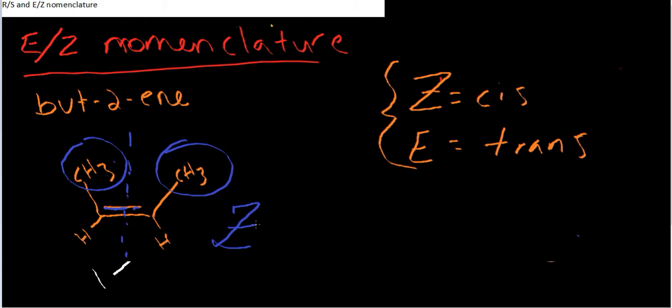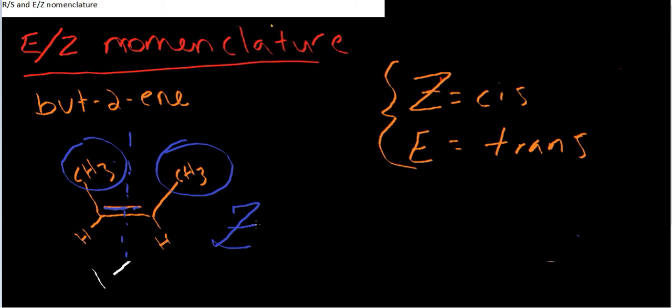So try to think of it based off of symmetry and what side the highest priority groups are on. The next thing we'll consider is butene again, but on the E side, the trans side. Again, cis and trans help me remember what Z and E pertain to.